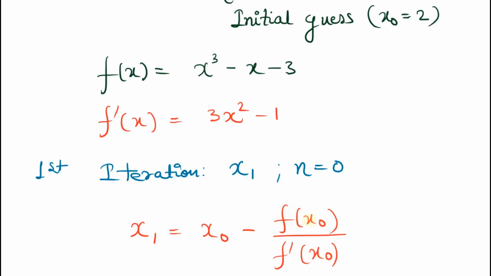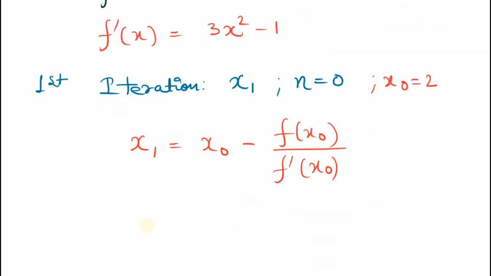Now we have f of x and f dash of x, and the value of x0 we have to consider in this problem is 2, the initial guess. So the value will be 2 minus f of 2 divided by f dash of 2.